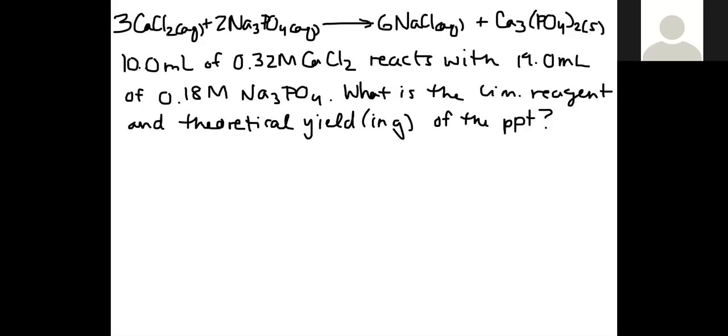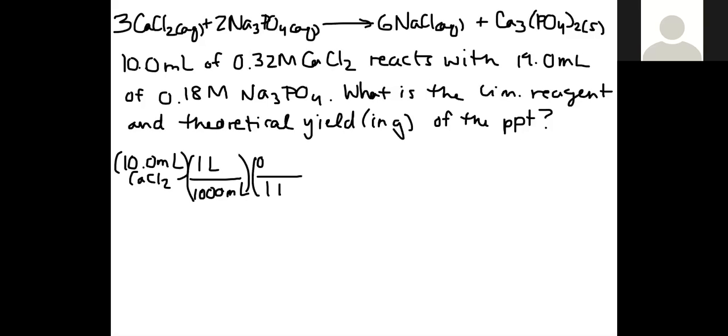So once again, this is a theoretical yield problem and limiting reagent problem. So you need to do two calculations. First, I'm going to start with CaCl2. I'm going to go with 10.0 mils of CaCl2. I have to turn that into liters. So 1 liter is 1,000 mils. And for every 1 liter, we have 0.32 moles of CaCl2.